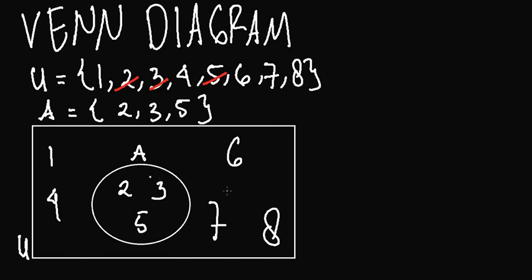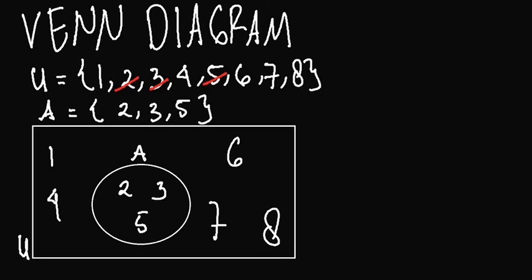No, because if you write, for example, 7 over here, it will become part of set A, which it is not. So we don't want to write 7 inside the circle A because it will belong to A. So this is how to make a Venn diagram.